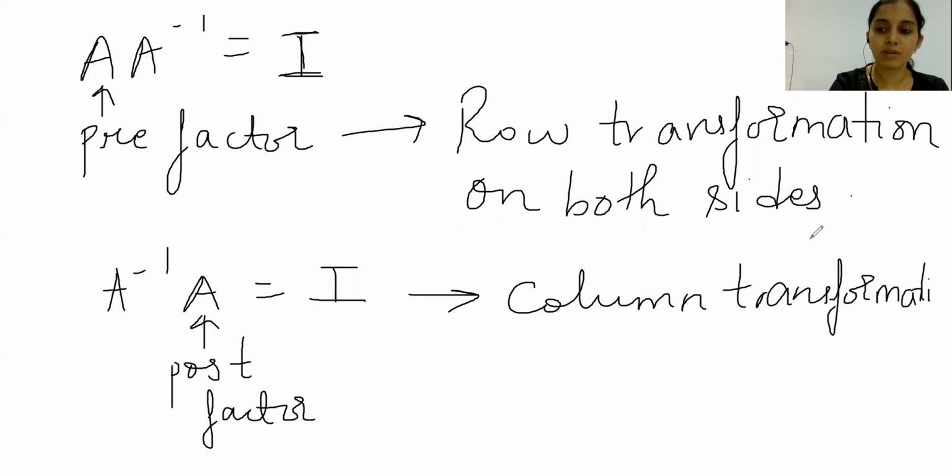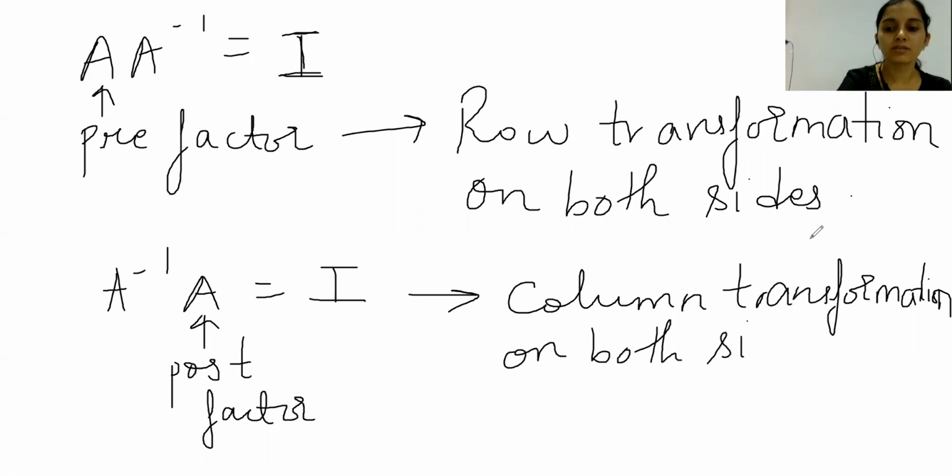While applying transformations, we have to remember on which side of the inverse the matrix is. Is it before, that is prefactor? If yes, then apply row transformations. If it is post factor, then apply column transformations.